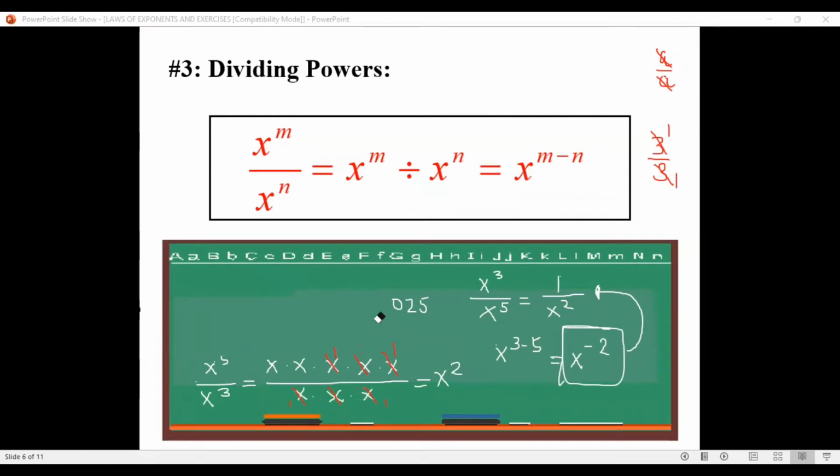Why is x raised to negative 2 equal to 1 over x raised to the second power? Let's remember that once you have a negative exponent, x raised to negative 2 is equal to 1 over x raised to the second power.